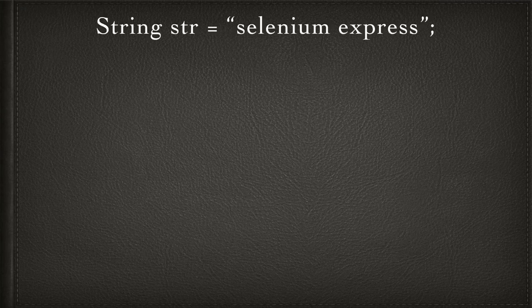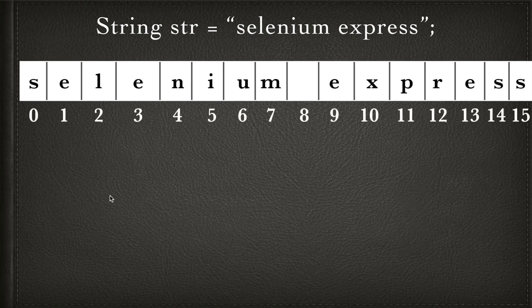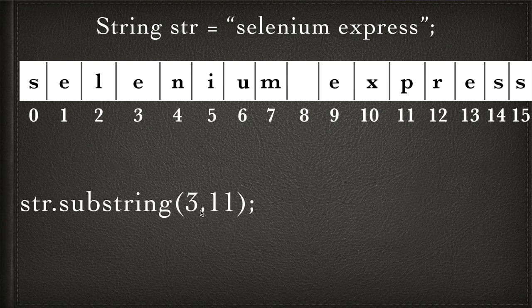Alright guys, now let's quickly do another example and understand a new thing: how Java calculates the length of a substring. Let's take the same string, String str equal to Selenium Express, and let's say this is how things are stored in memory. If I perform a substring operation by passing the begin index as 3 and the end index as 11, what is going to be my output?